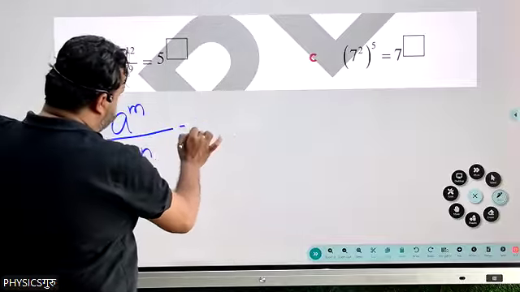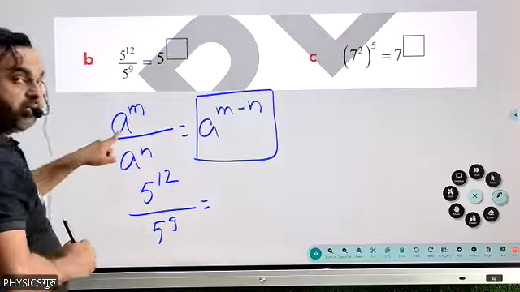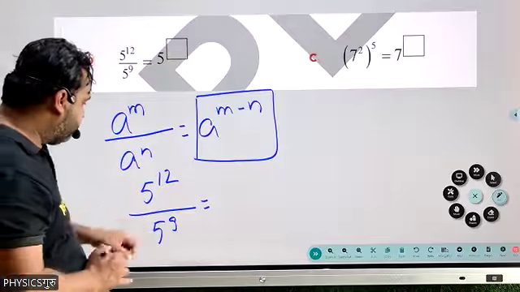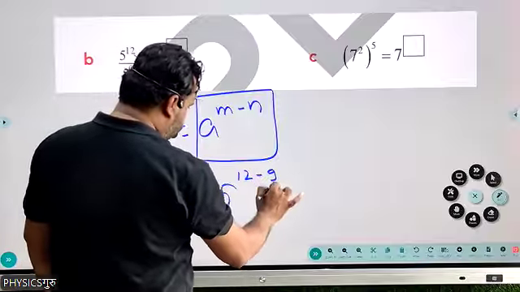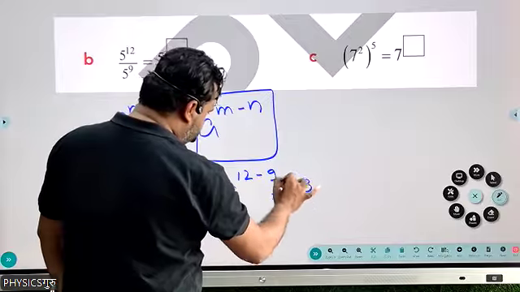So both the terms are in division form. So simply take the difference of these two. So 12 minus 9, that is how much? 3.